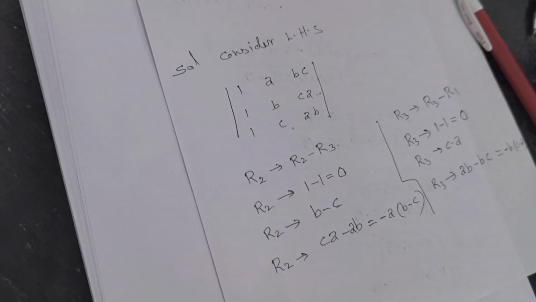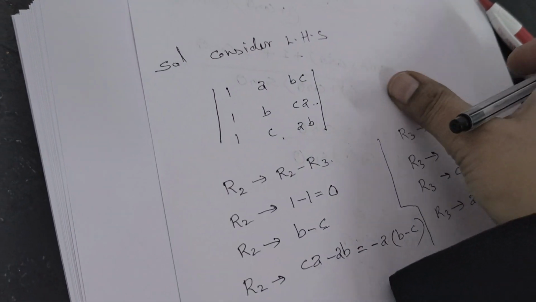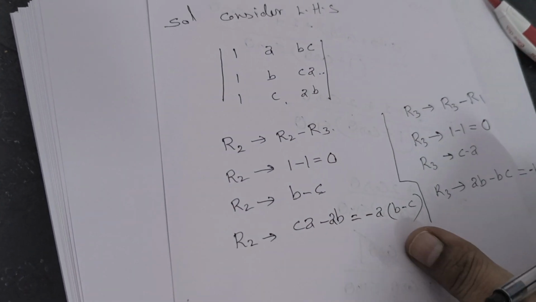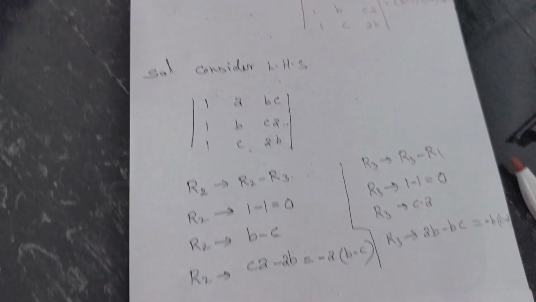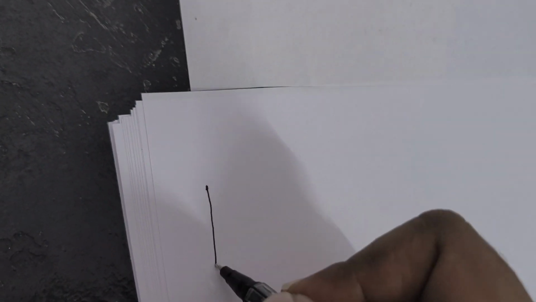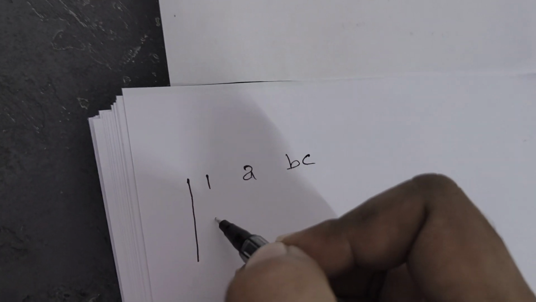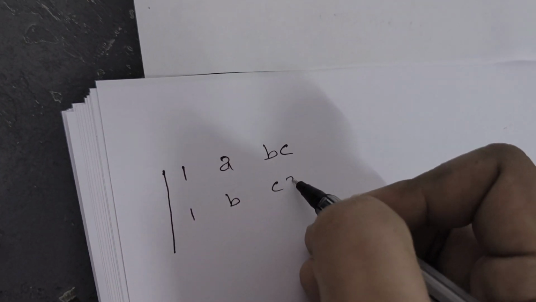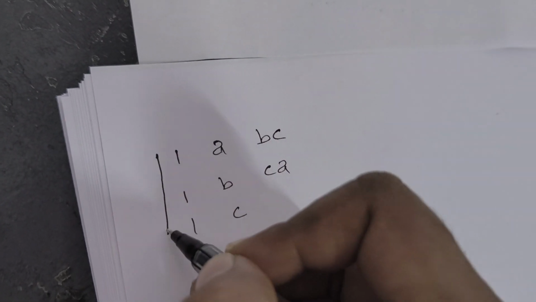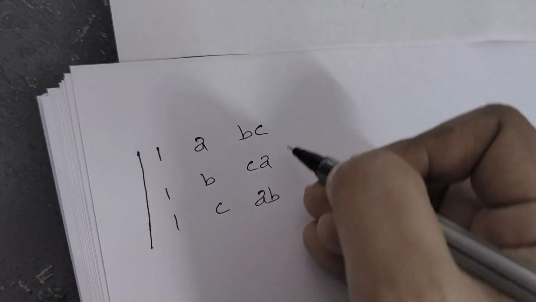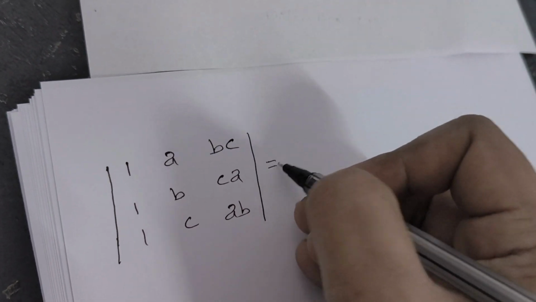So here we will write our determinant with the given values. Left hand side keep as it is, 1 a bc, 1 b ca, 1 c ab.